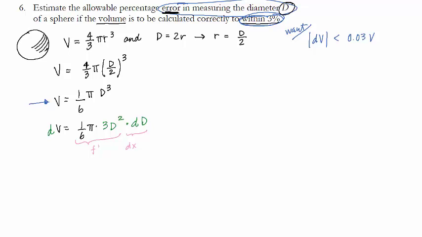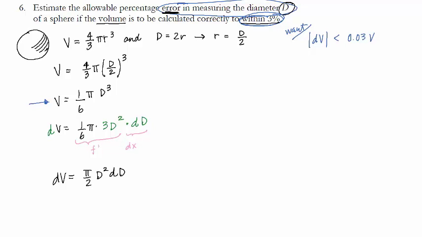So now we have a volume formula and a change in volume formula, dV. Simplify: 1/6 times 3 is half, so pi over 2 times d squared dd, the change in diameter.